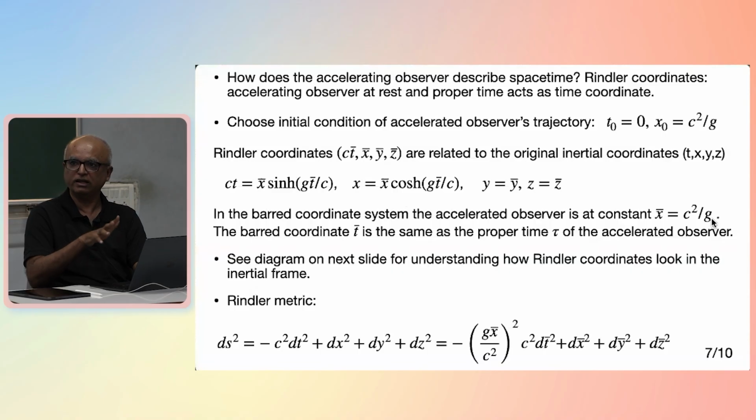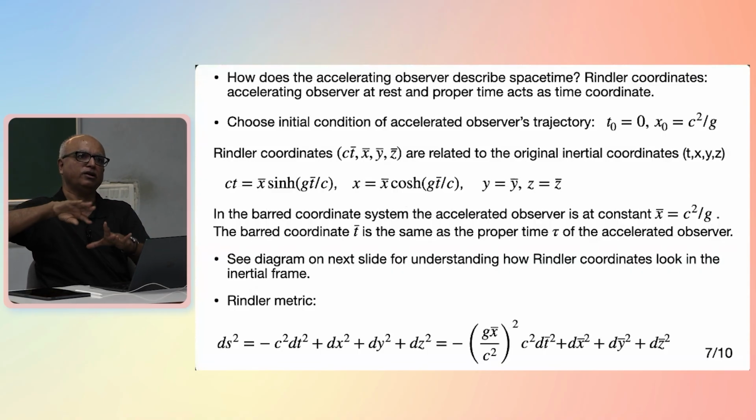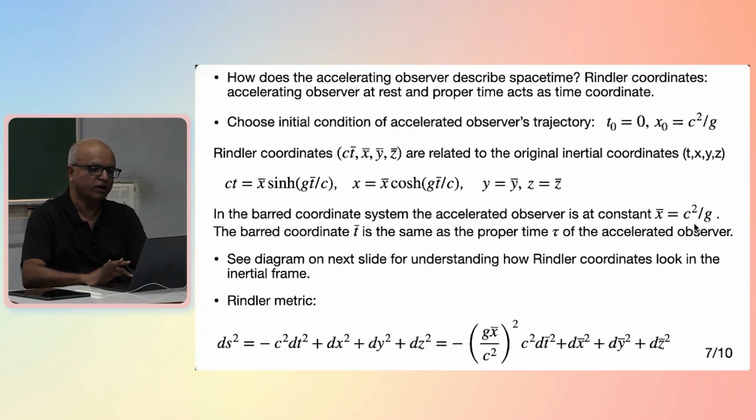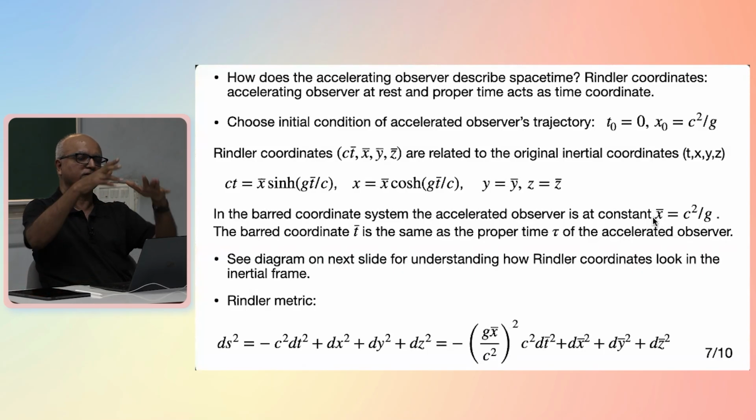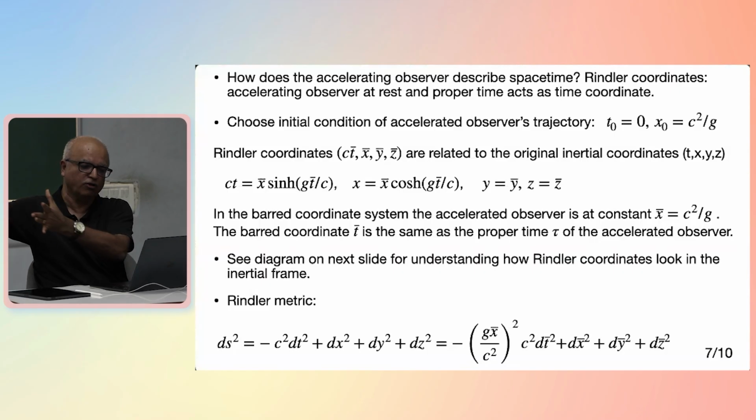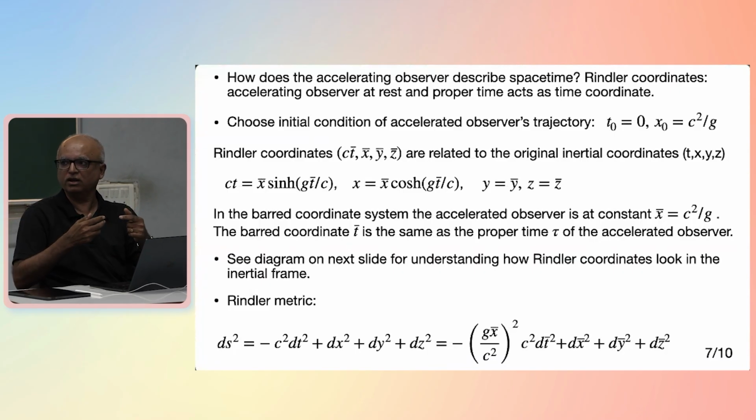So, I am going to carry this coordinate with me all the time. If I am the uniformly accelerating observer, my x bar is fixed and it is fixed at c square by g. But of course, in my accelerating observer's coordinate system, x bar will have different values at different locations. Similarly, t bar will have different values.